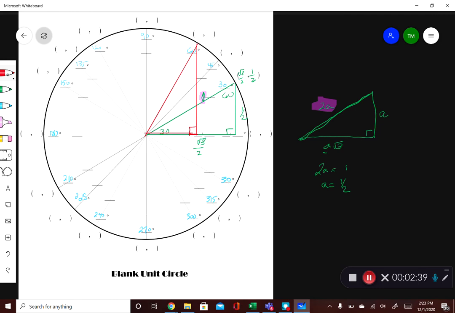But the shorter leg in this case is actually our x coordinate, and the longer leg is actually our y coordinate. So the coordinates here are flipped, x and y are switched. And we have 1/2 and the square root of 3 over 2.